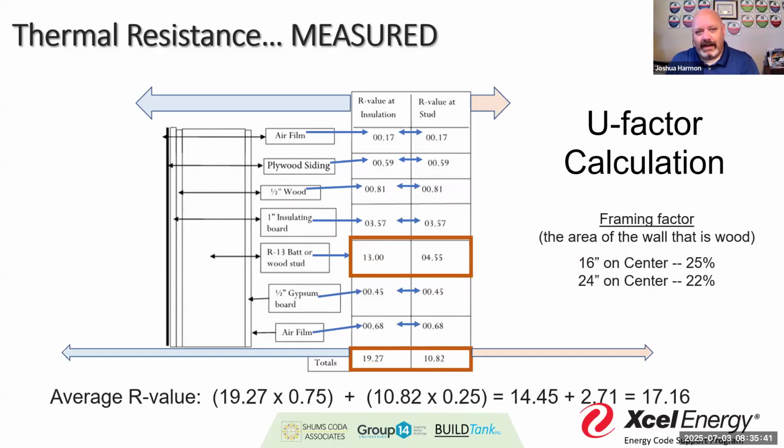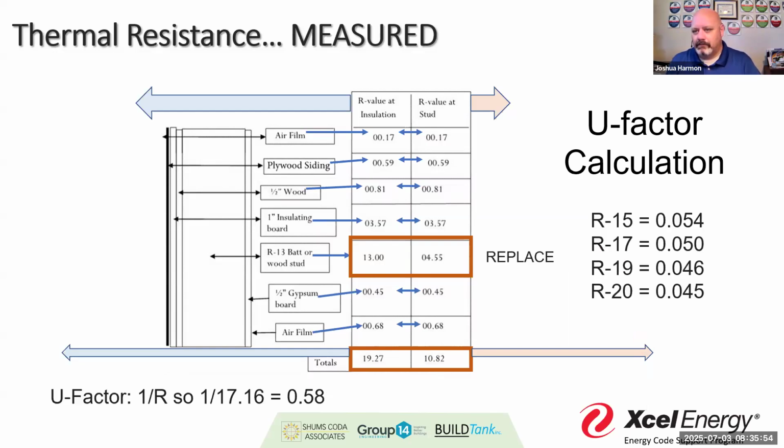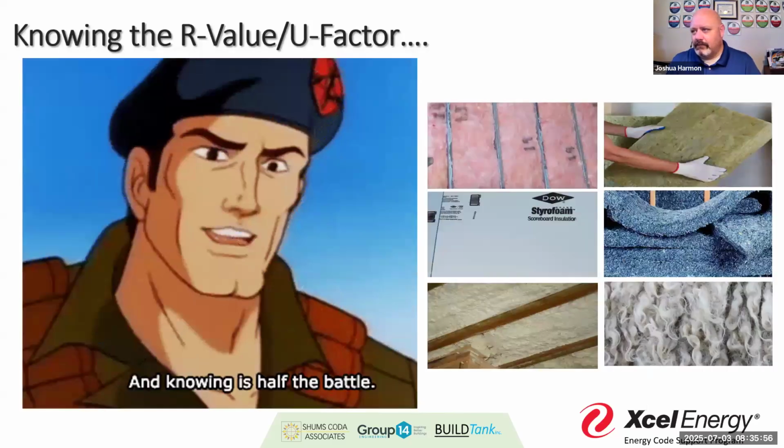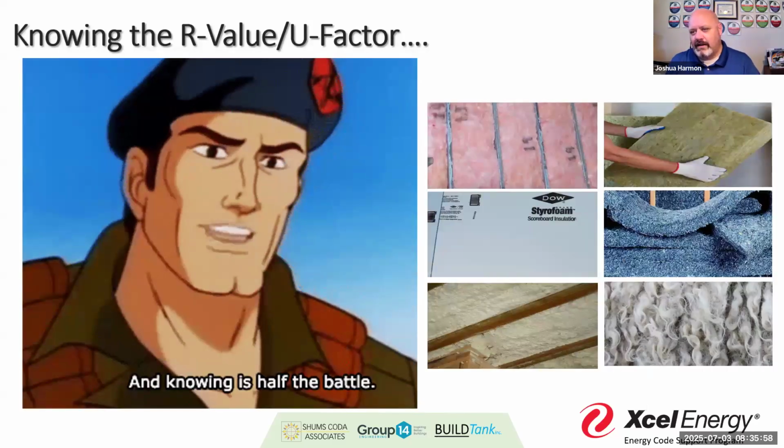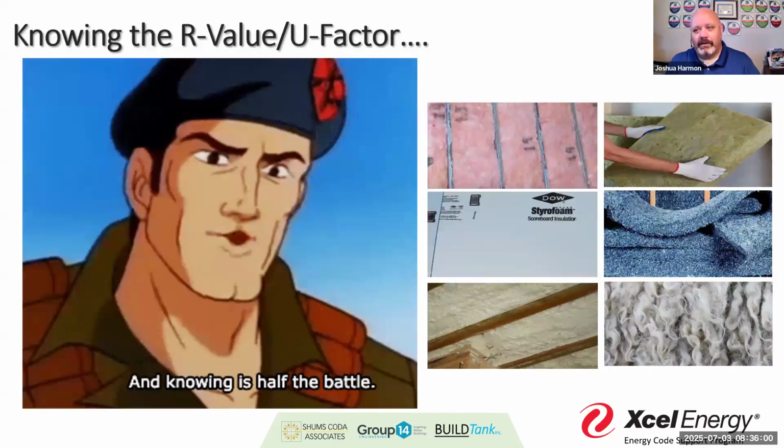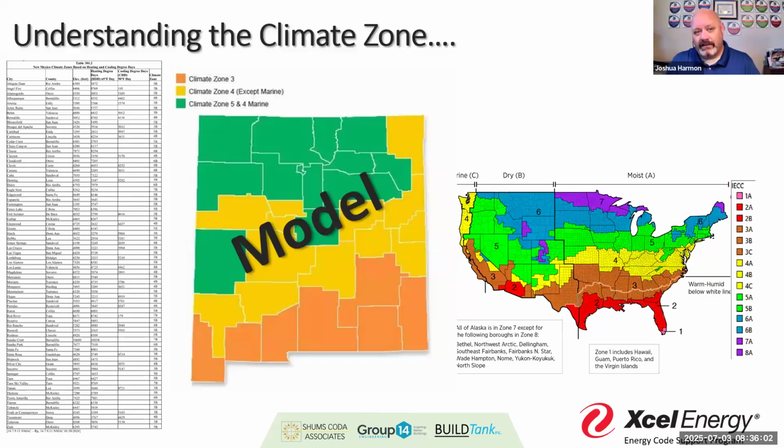So that calculation exists, and a lot of times you can use something like ComCheck, which is a free online system, to sometimes get to those values. But again, knowing that R value is only half the battle. It's picking the right information and making sure that it's reflective of the jurisdiction, right?